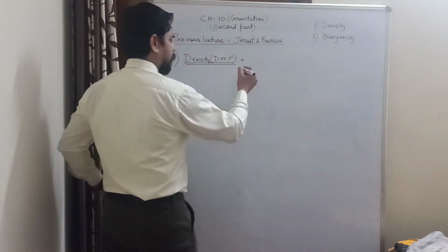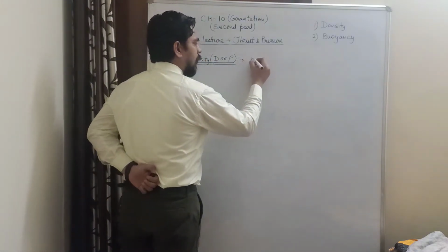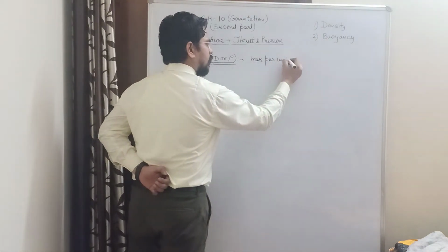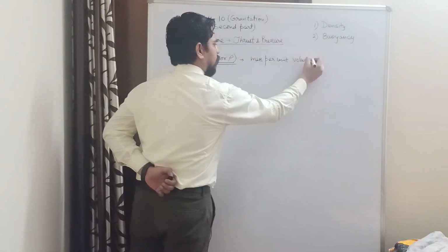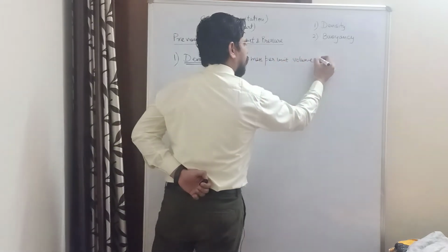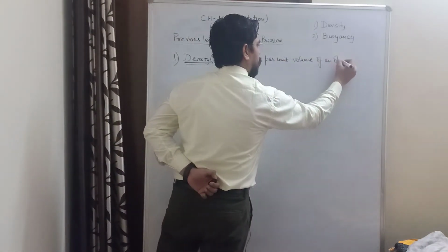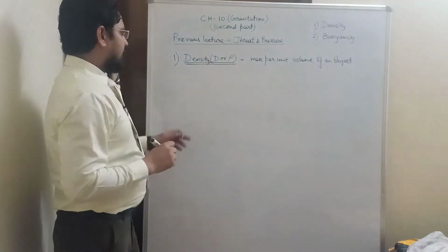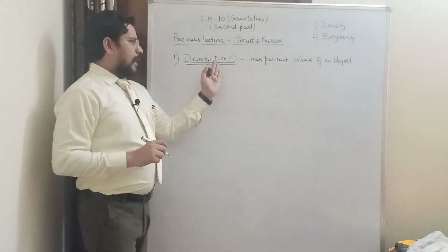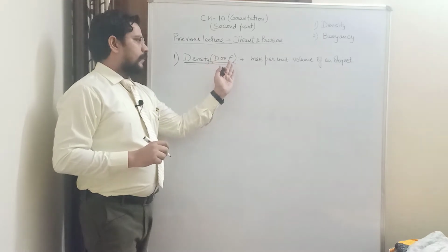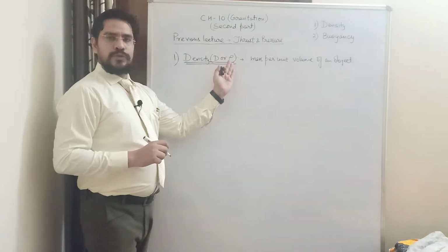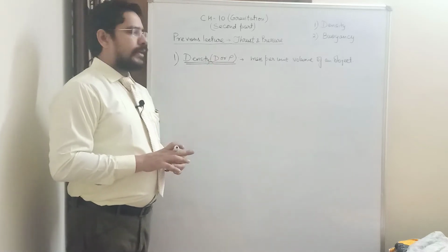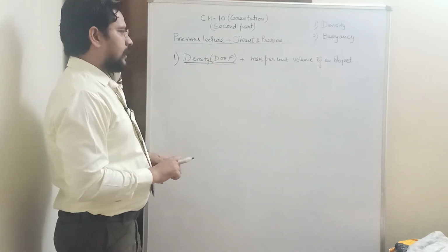Density is defined as mass per unit volume of an object. We represent density by capital D or by the Greek letter rho. Both are used extensively in our physics texts for representing density.